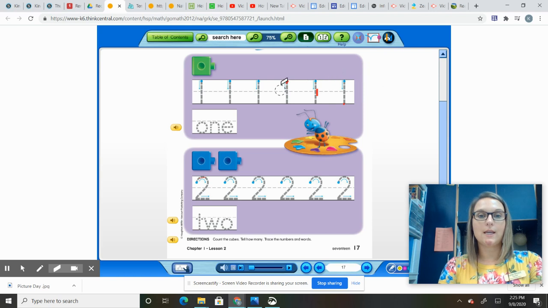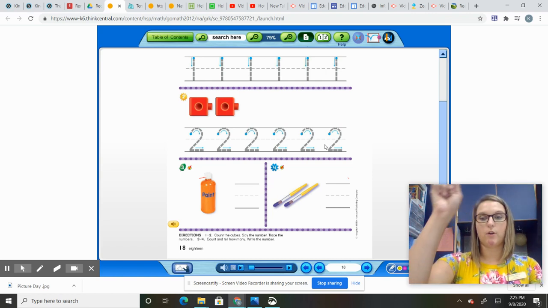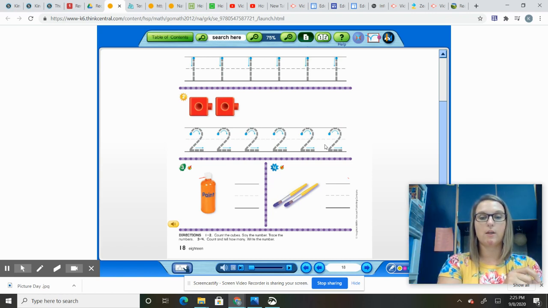And then on the next page, let me get my pointer back. It's going to want you to do the same thing. I want you to go ahead and trace the numbers 1 and all the numbers 2. Remember, when you write the number 2, you're going to start at the top and curve it to the bottom like you do half a heart and then give it a shoe.